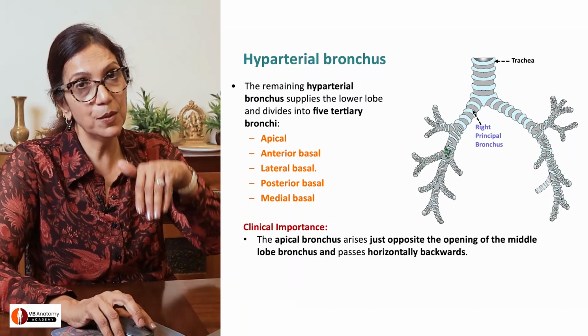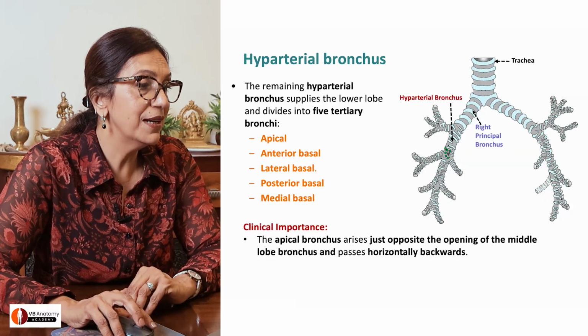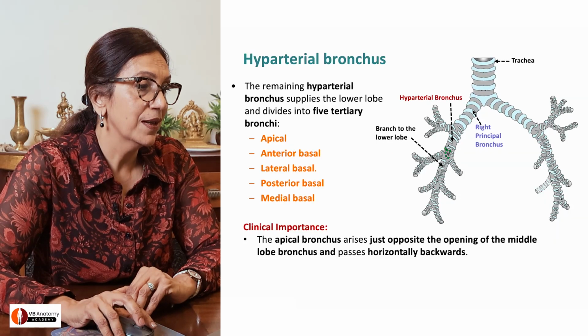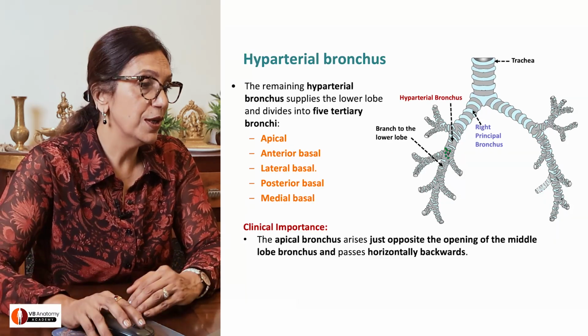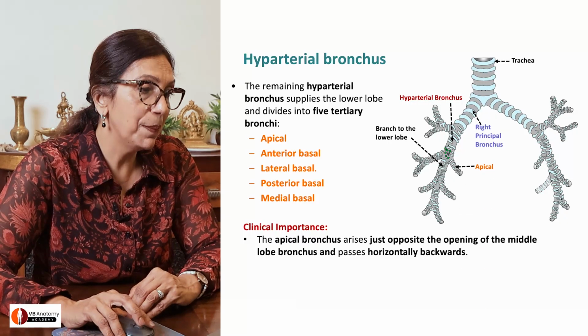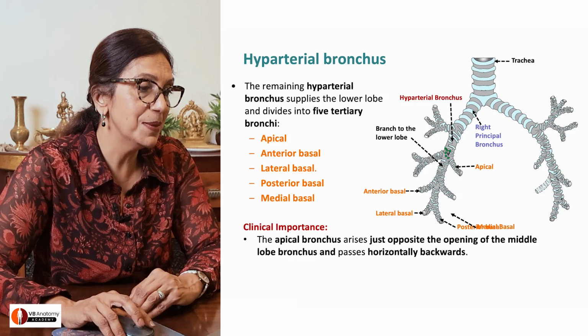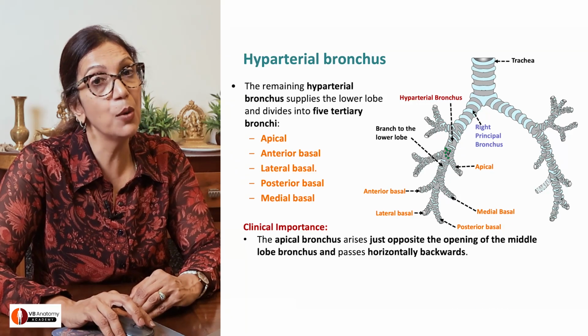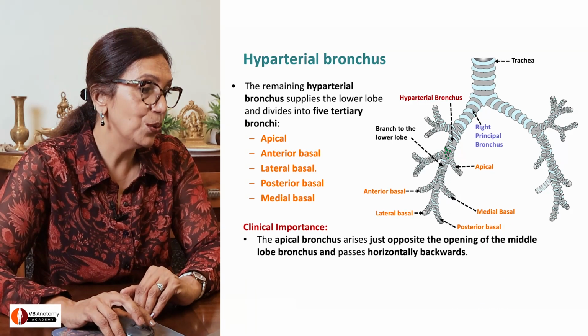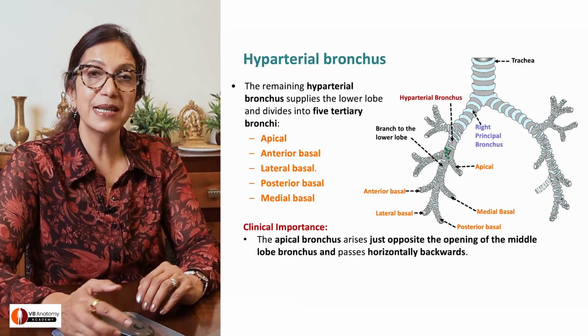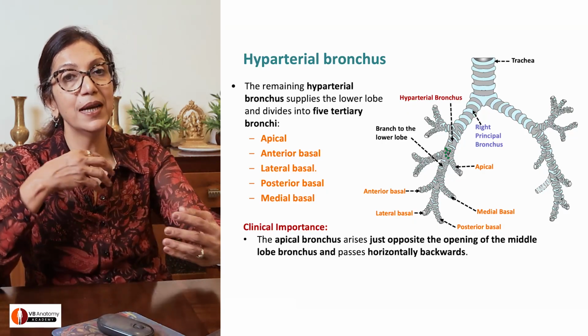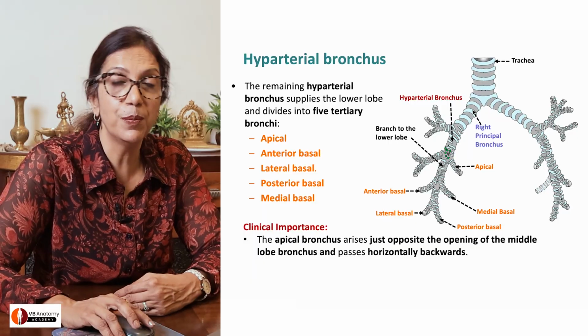Continuing, the hyparterial bronchus goes further down. It divides into several tertiary bronchi which are apical, anterior basal, lateral basal, posterior basal and the medial basal. How many in all? 5. The apical bronchus lies almost exactly behind the opening for the middle lobe bronchus.